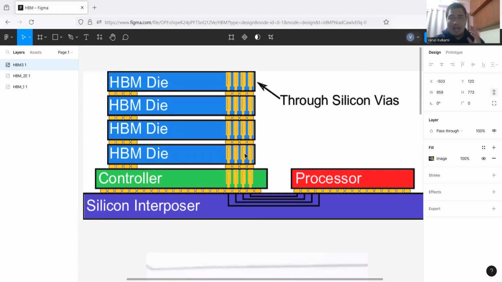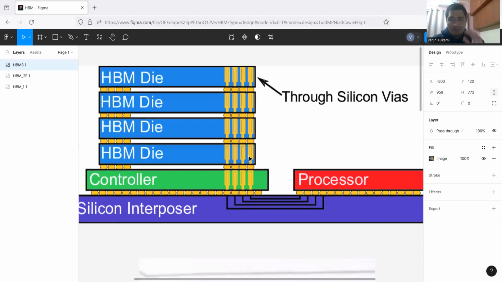So basically high bandwidth memory is a 3D stacked memory for synchronous dynamic random access memory. What makes the high bandwidth memory so unique is that unlike the traditional memory chips where the memory chips lie flat on a chip, the HBM DRAM chips in high bandwidth memory are 3D stacked on top of each other.